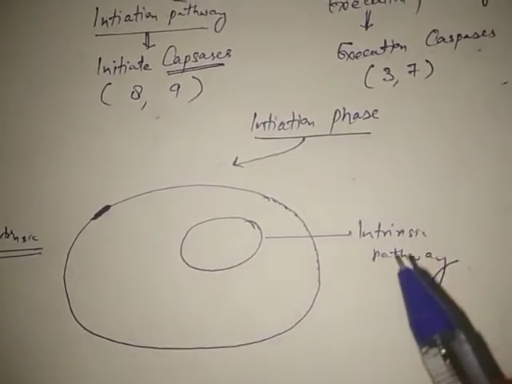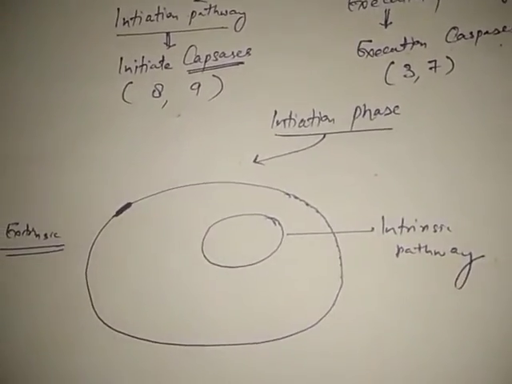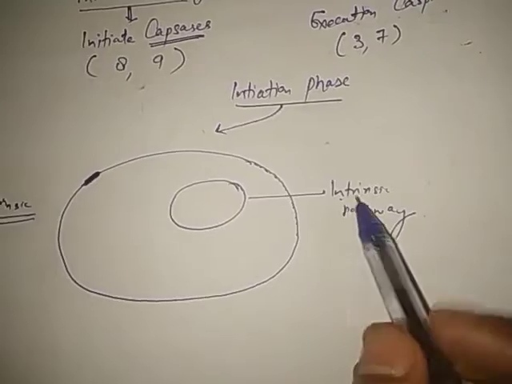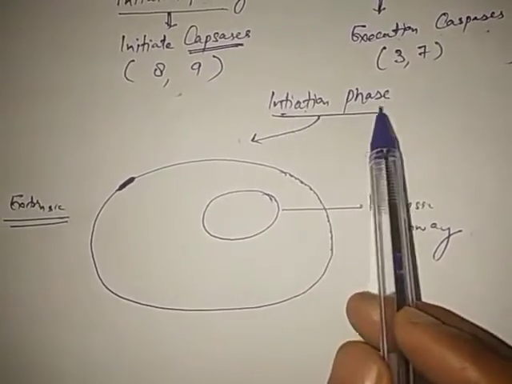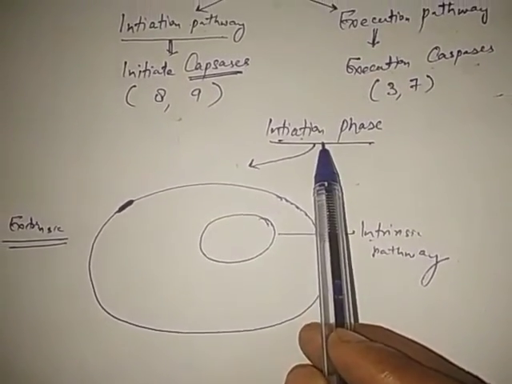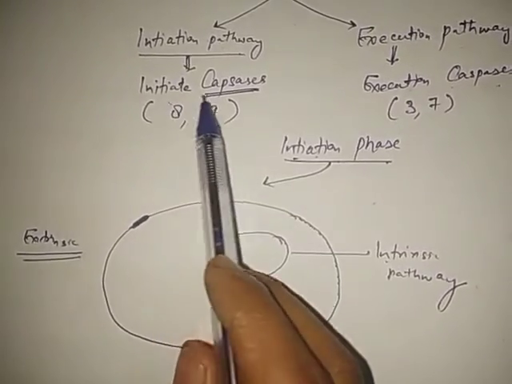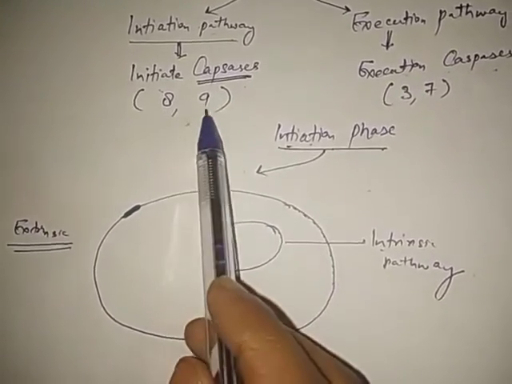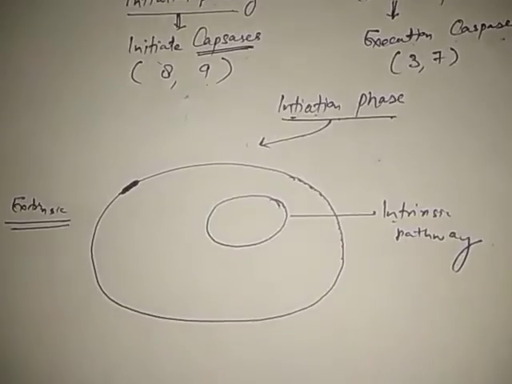Okay, so basically the function of the initiation phase is to activate the initiator caspases, that is 8 and 9. How these are activated, let's see.